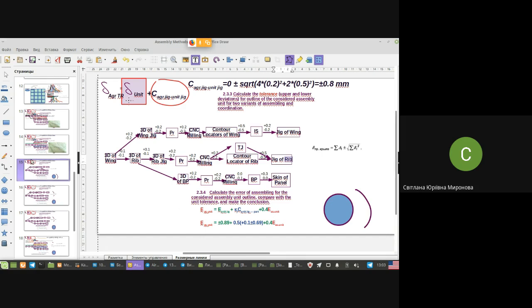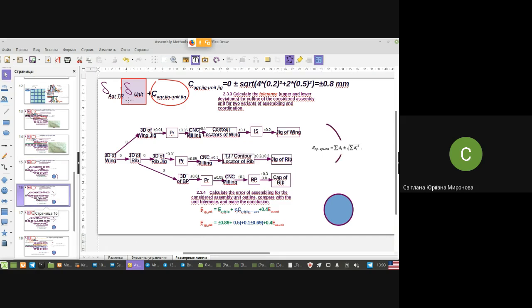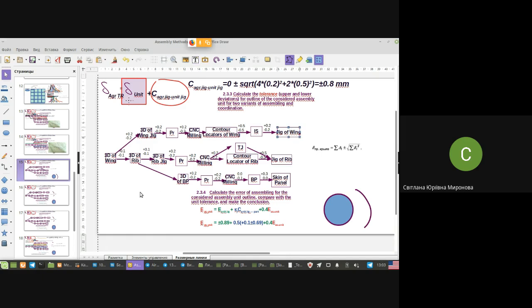It's some mismatching. Maybe I was talking to students, and on the way we were changing everything, and altogether it resulted in very weird things. You see? Not skin of panel, but cap of rib.